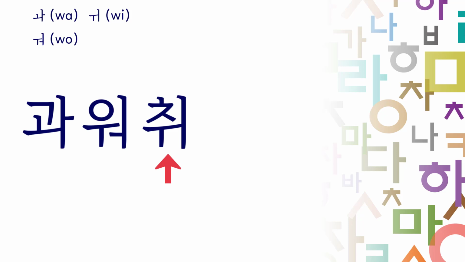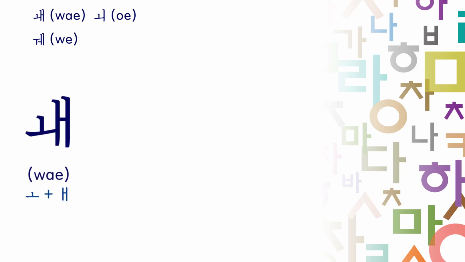Okay, then we have 3 more complex vowels, and although they are formed by combining different vowels together, they are all pronounced in the same way. Where. First, we have where, and this combines the vowels o and e. So if we say these vowels together, it's o, e, where.